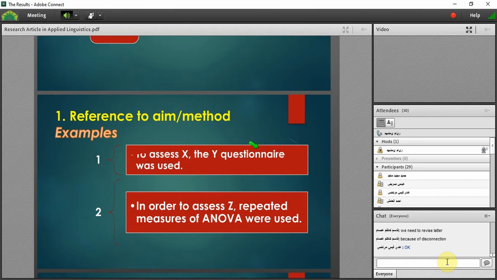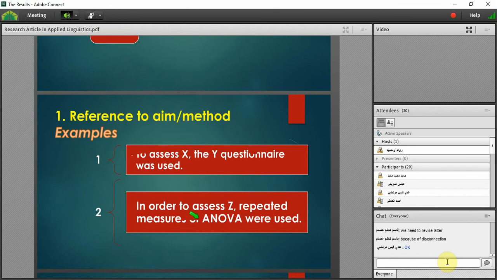At the beginning of the results section, you should be telling the readers what kind of instrument, what method did you use to collect the data. Take this example. In order to assess Z, for example, repeated measures ANOVA were used. This is another method you can use, ANOVA.